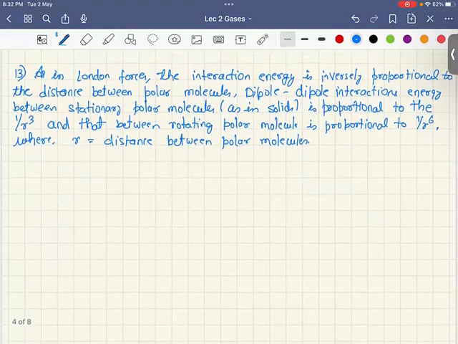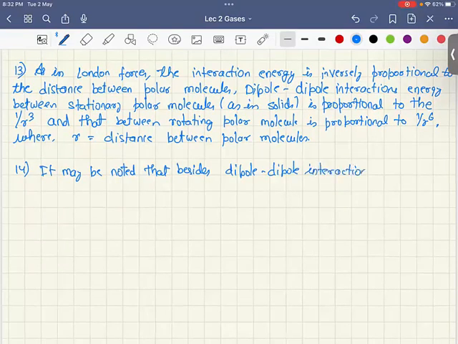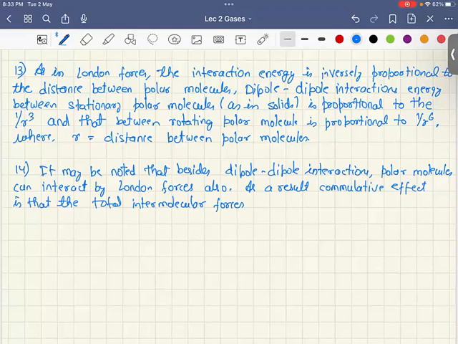It may be noted that besides dipole-dipole interactions, polar molecules can interact by London forces also. Hence, as a result, the cumulative effect is that the total intermolecular forces in polar molecules increase.